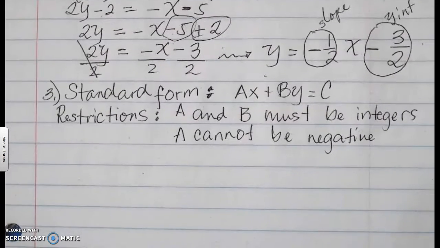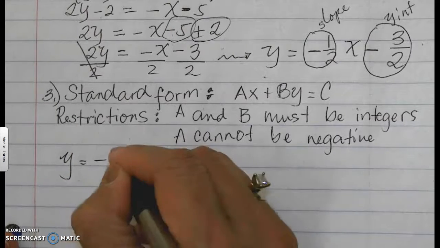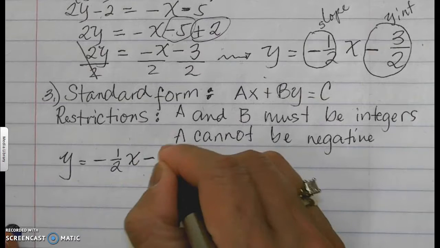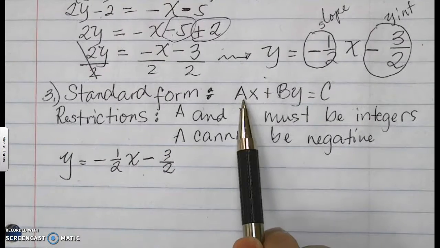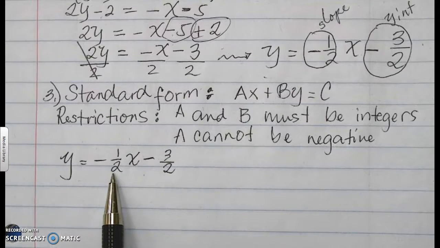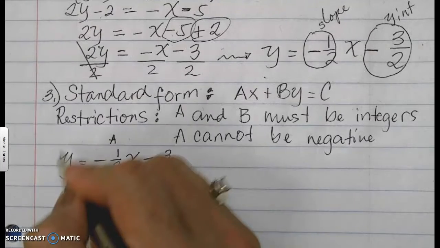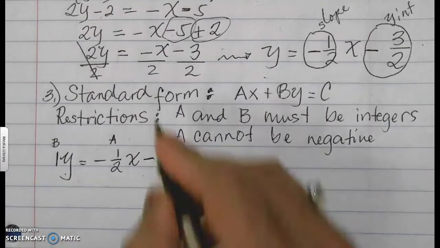So let's do that right now. y equals negative 1/2 x minus 3 over 2. You see that? And you see that ax? Negative 1/2 x, so this is your a right here. The one in front of the y is your b. And this is your c.